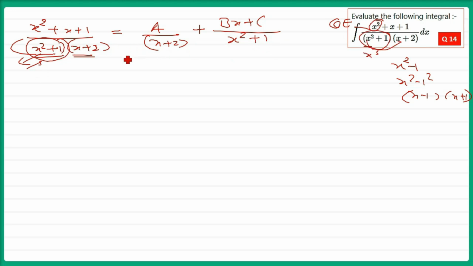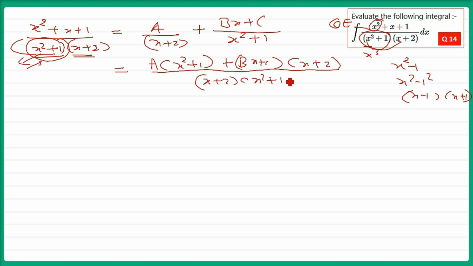Now let's take the LCM in order to find a, b and c. So a into x square plus 1, plus bx plus c into x plus 2, and in the denominator we get x plus 2 into x square plus 1. On the left hand side nothing is changed. The denominator will get cancelled.